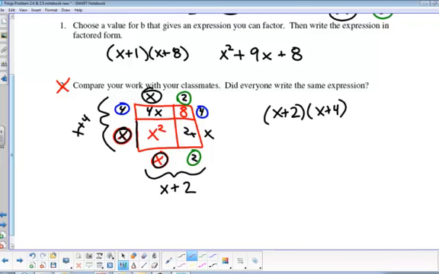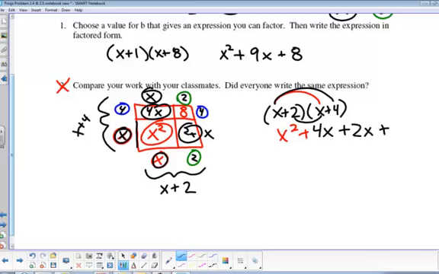And the inner dimensions are x squared plus 4x plus 2x plus 8. You need to put your like terms together. So x squared plus 6x plus 8.